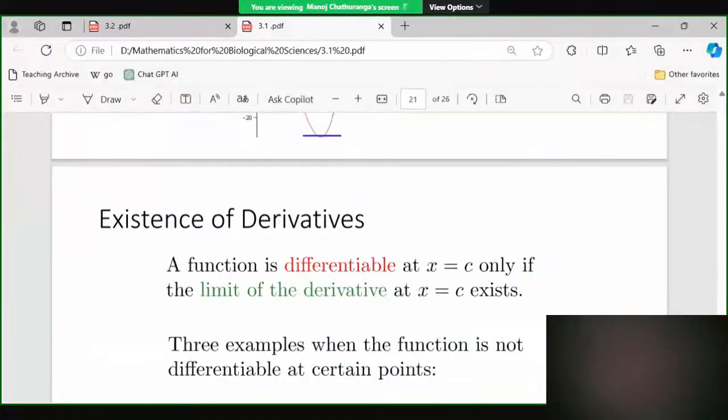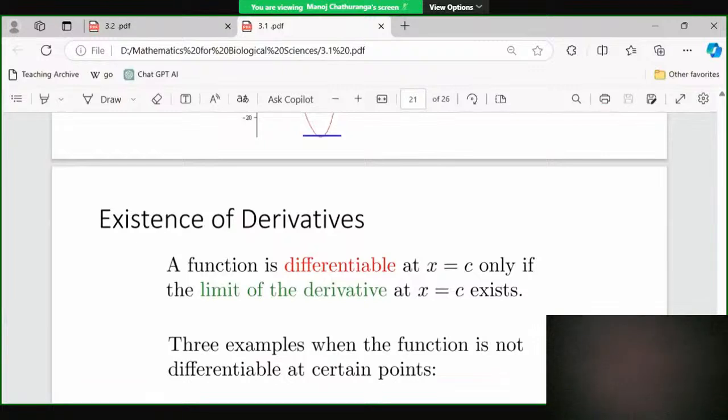Sometimes the derivative does not exist. Remember, we talked about limits and continuity. In that discussion, we saw sometimes the two-sided limit does not exist. Left limit and right limit are different, or the function is not defined at that point.